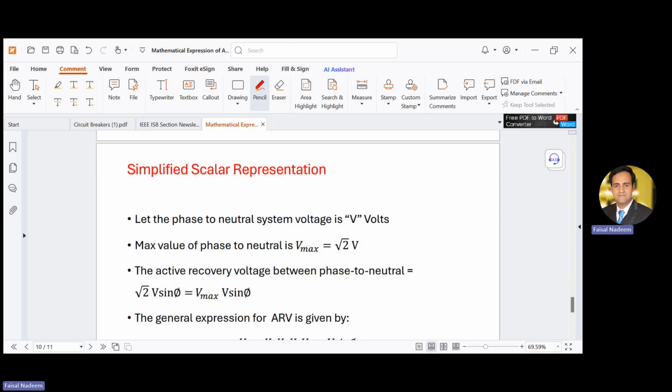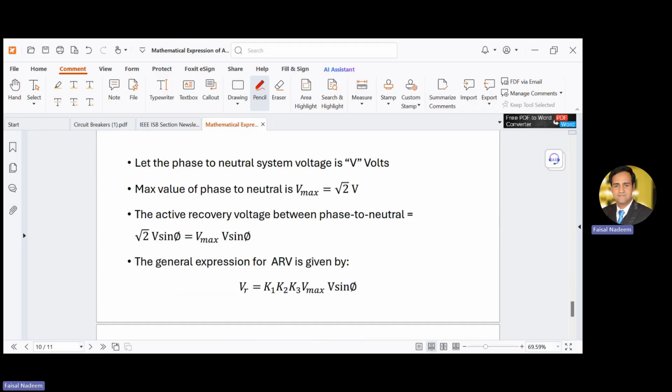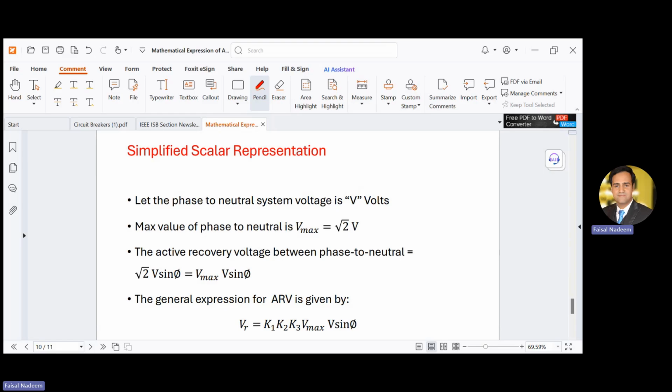The active recovery voltage between phase and neutral is then equal to root 2 V sine phi, which is equal to V max sine phi. The general expression for active recovery voltage is then given by VR is equal to K1, K2, K3, V max sine phi.